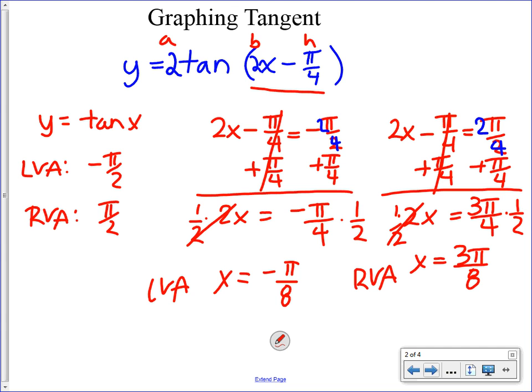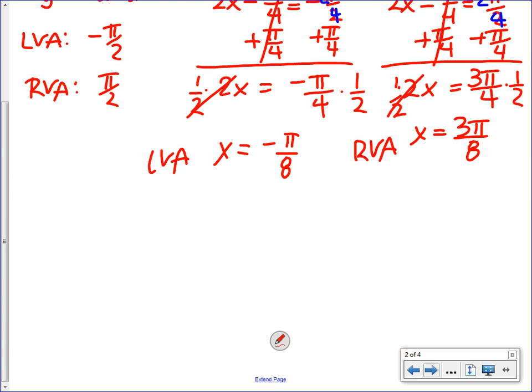Okay, so we're actually ready to sketch our graph. We're going to start with our x-axis. We're going to label the left VA and the right VA. You are going to need to find that middle point. So again, it's just like finding the midpoint. You're going to add your endpoints.